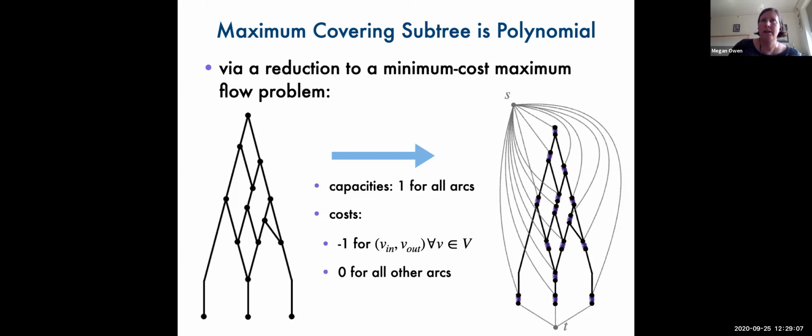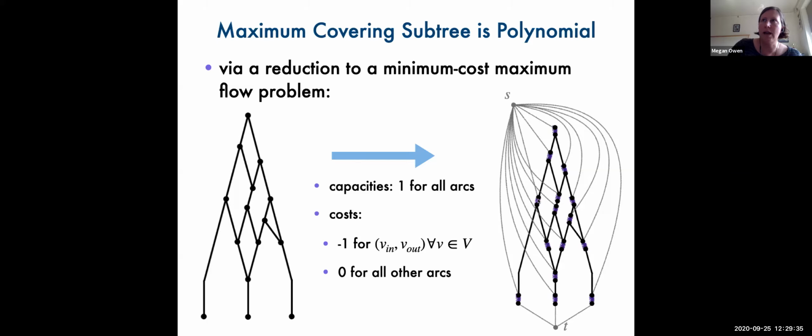And then the capacities are all 1 for every edge. So this actually makes it a unit capacity flow network, which are widely studied. And then the cost is, so I want to maximize the number of vertices covered. Since I'm converting it to a minimum cost, remember for all the vertices, I split them in 2.